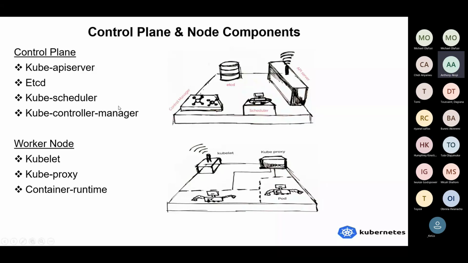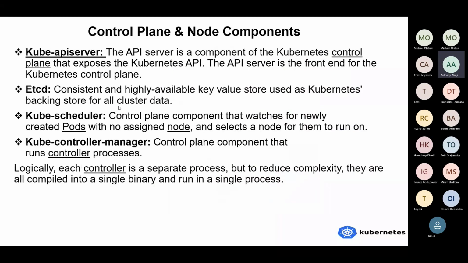Now down to the explanation for the Kube API server. The Kube API server is a component of the Kubernetes control plane that exposes the Kubernetes API. We have APIs on the software engineering side too. What an API does is link one or two things together so you are able to access them.